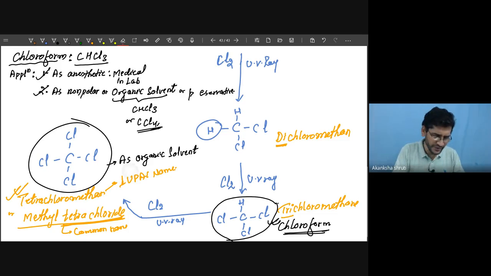So this thing you have to keep in mind: the importance of carbon tetrachloride and chloroform, their structure, their formula.